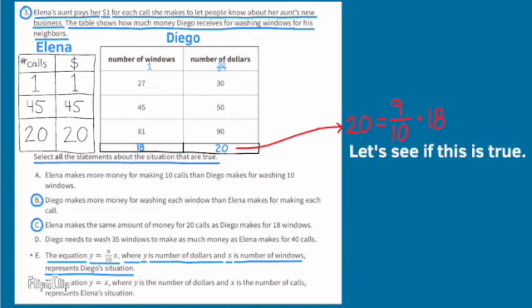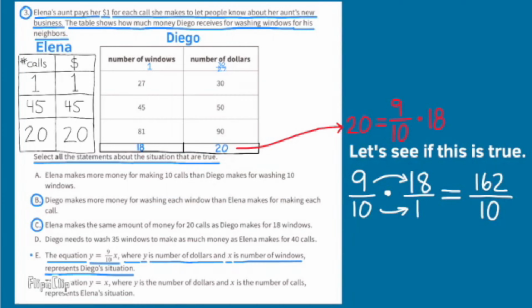Let's see if this is true. 9 times 18 equals 162, and 10 times 1 equals 10. 162 over 10 is equivalent to 16 and 2/10, and 20 does not equal 16 and 2/10. So this statement is not true. I will not choose statement E.